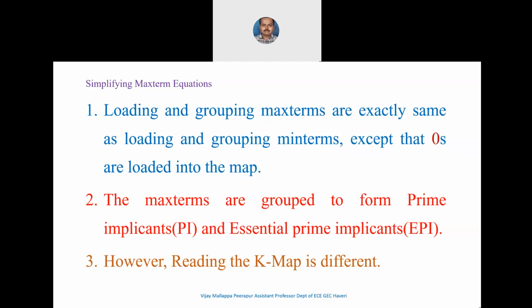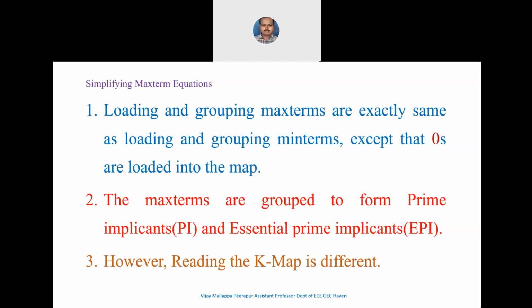It is still logical adjacency, and once you group the max terms, you look for prime implicants and essential prime implicants. But how you read the K-map for max term equations is different from the min term equations we saw. I'll explain how to read it.